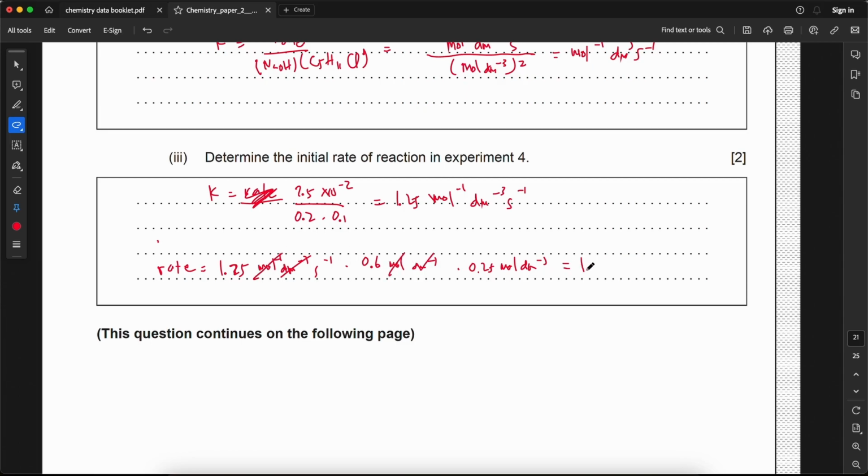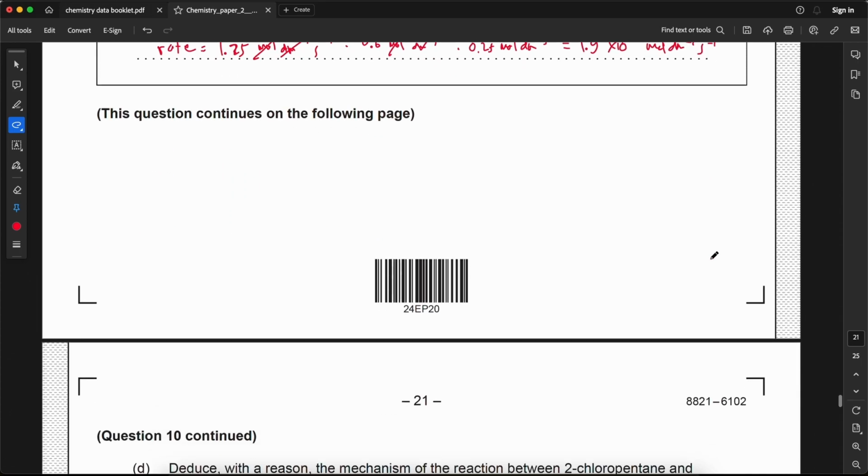You get 1.9 times 10 to the power negative 1 mol dm^-3 s^-1.